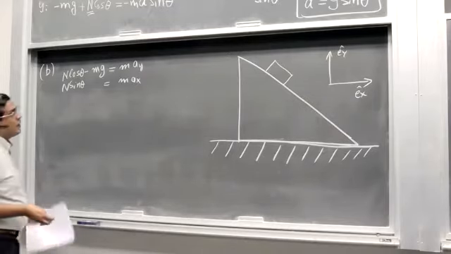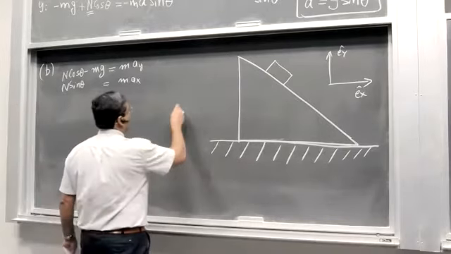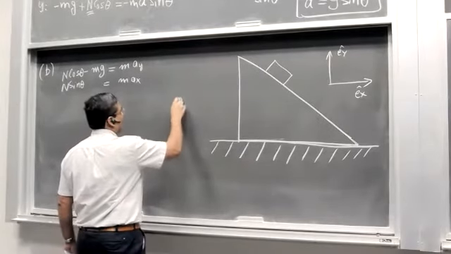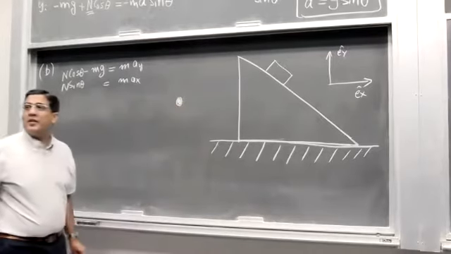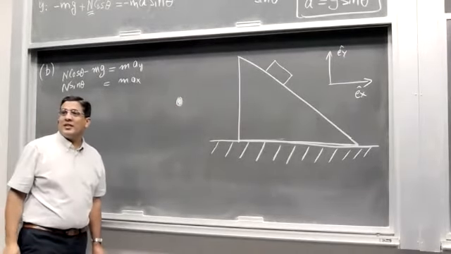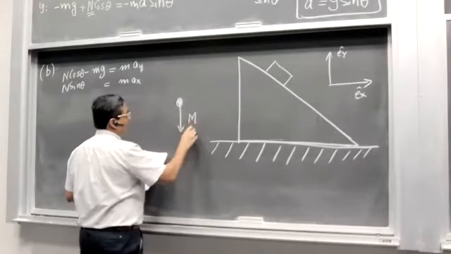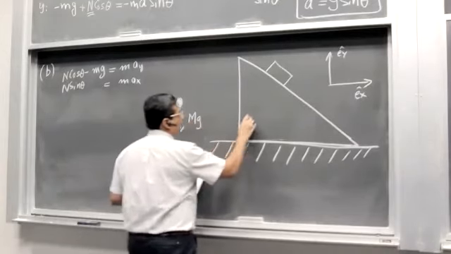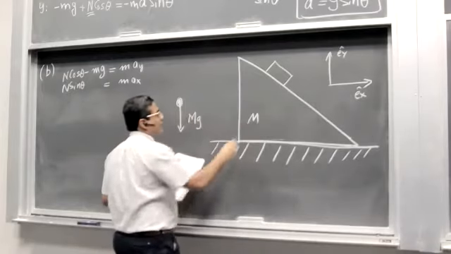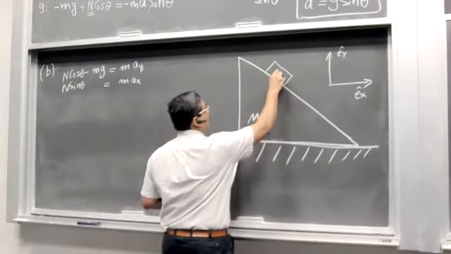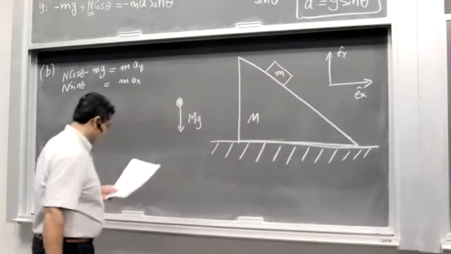And now we look at the wedge. Can you help me identify the forces? Let's say that the mass of the wedge is capital M and the block is lowercase m.